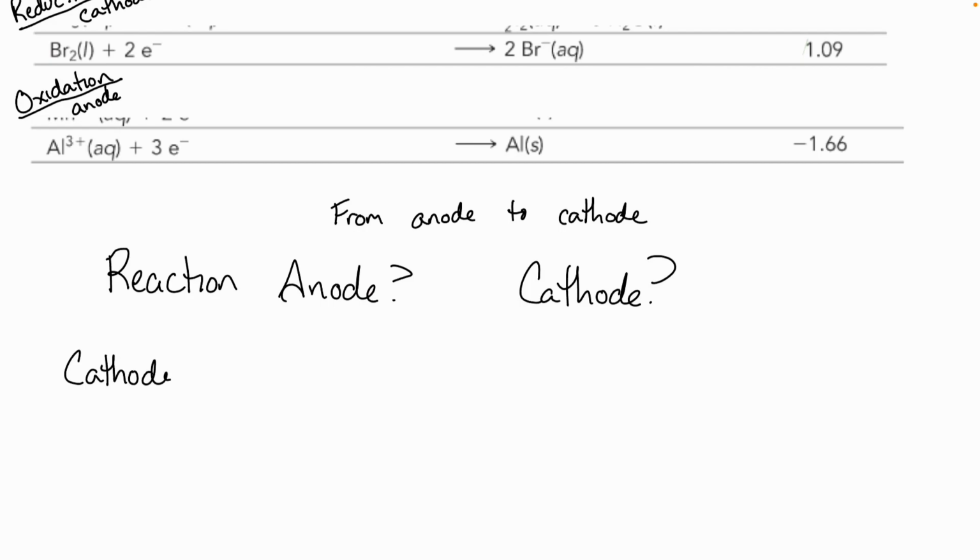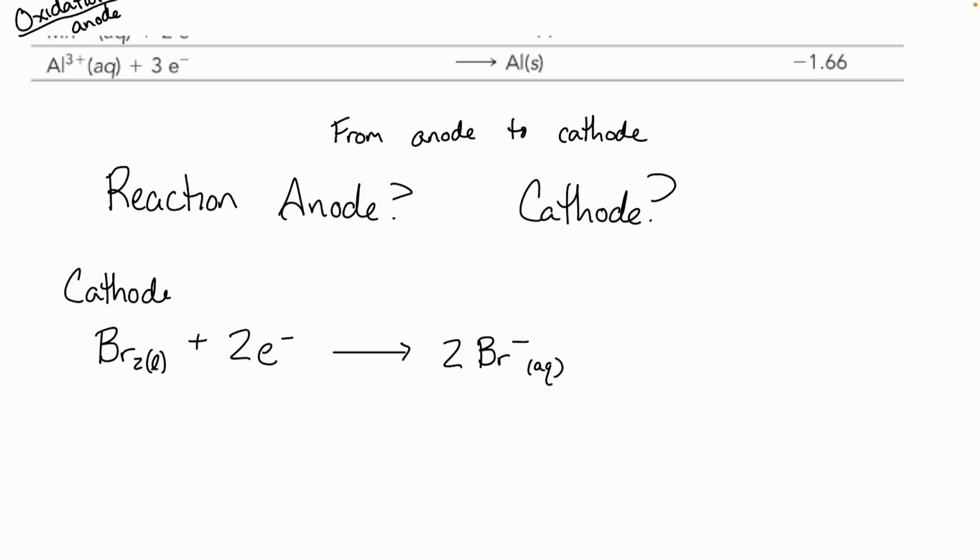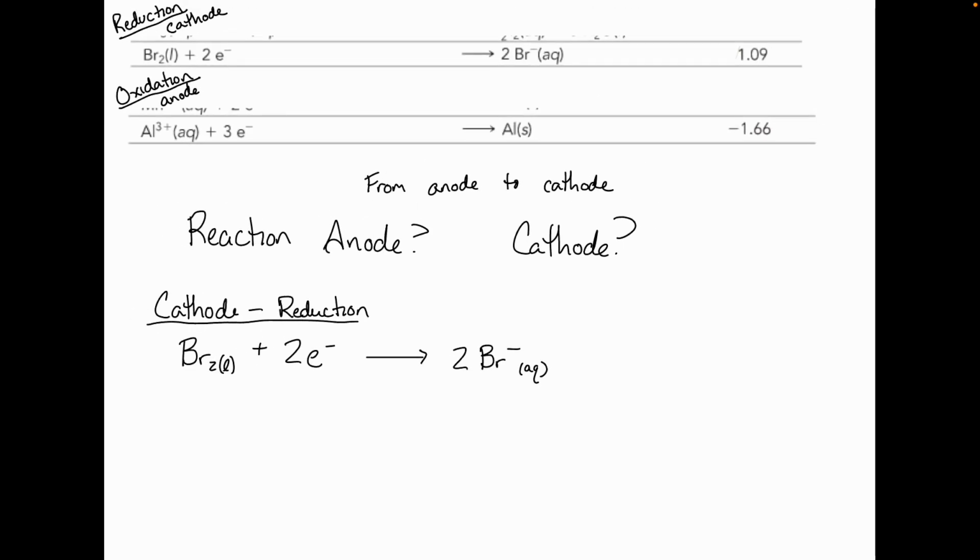So my cathode half reaction is the liquid bromine. And look, these even are charge balanced for us if we grab it from our table. Okay, so my cathode half reaction is this reduction reaction.